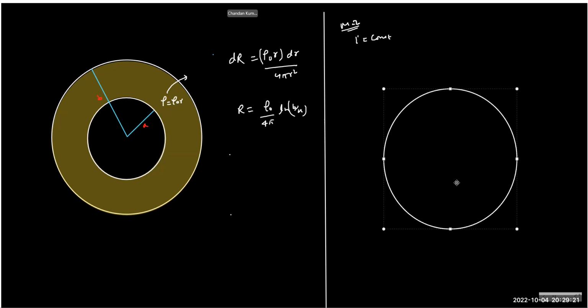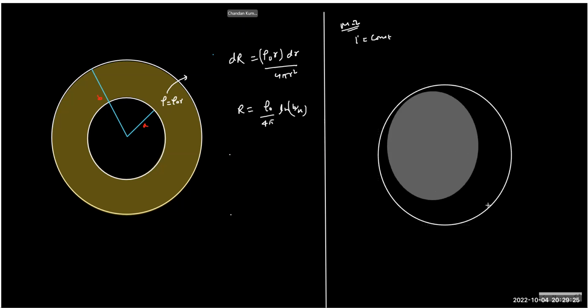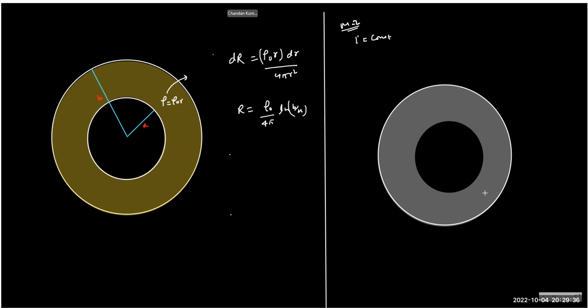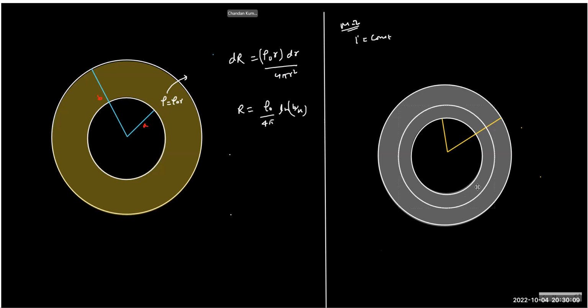So let me just do a bigger one. If you draw any cross-sectional surface at a distance r at a general location, even if you don't know what the current is, you can always express the current density in terms of current.